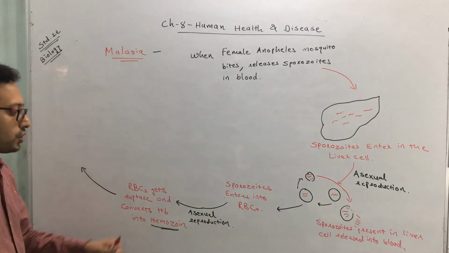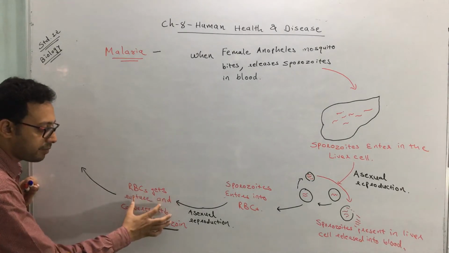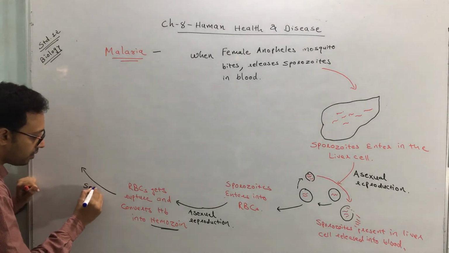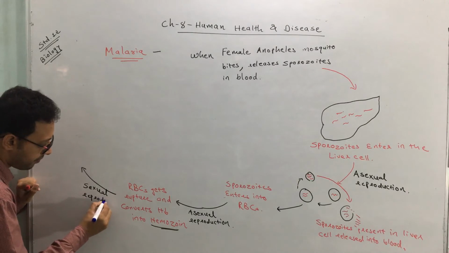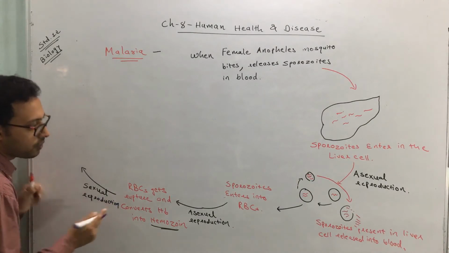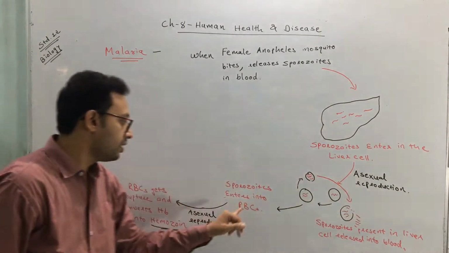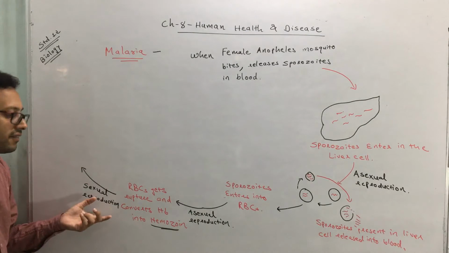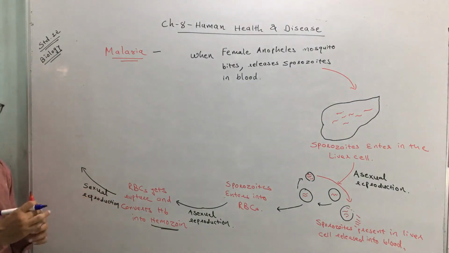These sporozoids are released from RBCs when the RBC gets ruptured. They undergo sexual reproduction. Clear? See here, in the liver it undergoes asexual reproduction. In RBCs, they also undergo asexual reproduction. But once they're liberated from RBCs, they undergo sexual reproduction.